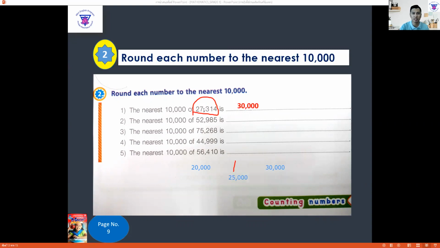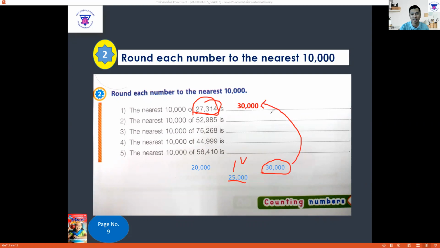Since we need only the nearest 10,000 of this number, and it's already written after the middle, 25,000, it should be here. So that means the nearest 10,000 of 27,314 is 30,000.